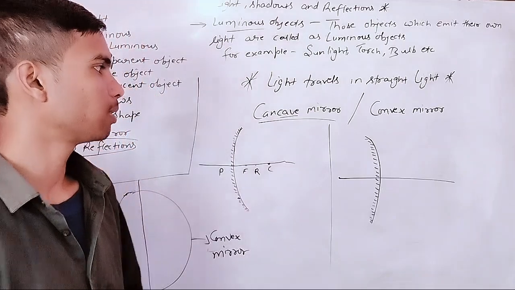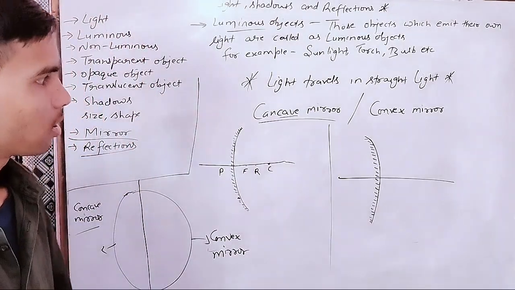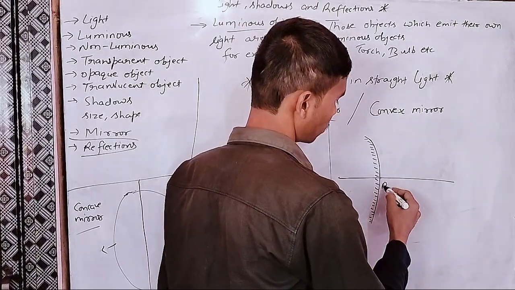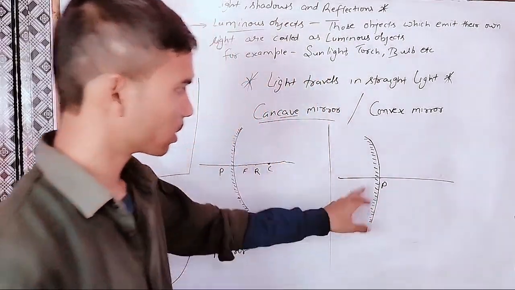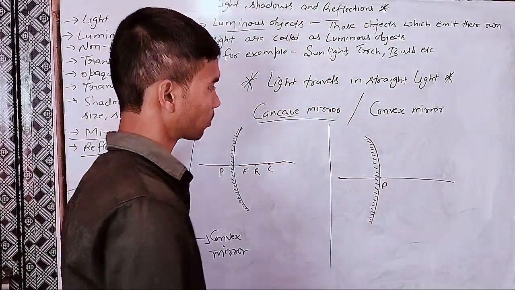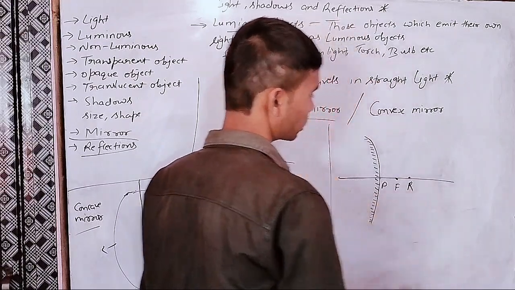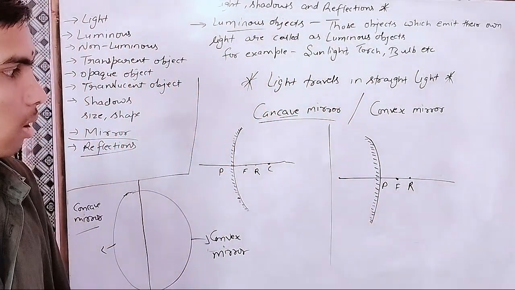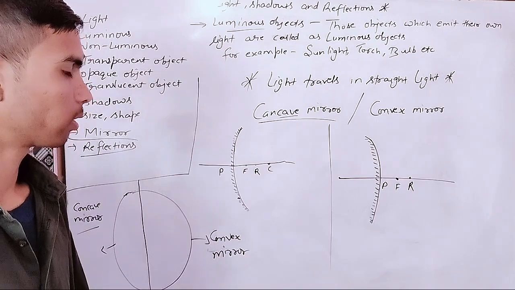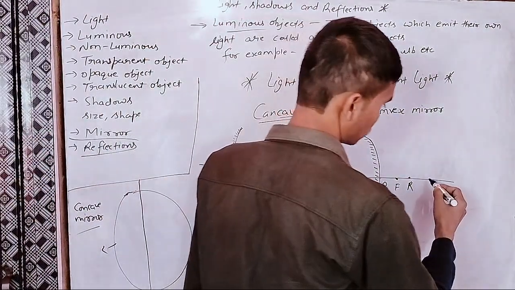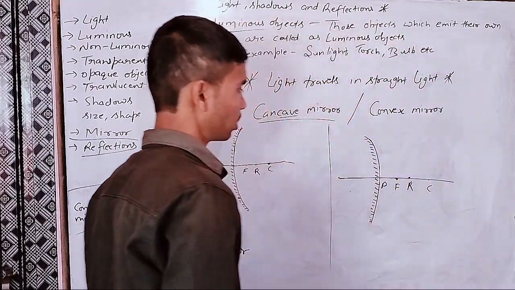This will describe a lot of things about the concave mirror. This is the pole, already we know, because this is in the center. We have then the focus, then the radius, which is 2m. Radius is 2m. Clear? Then we have curvature.